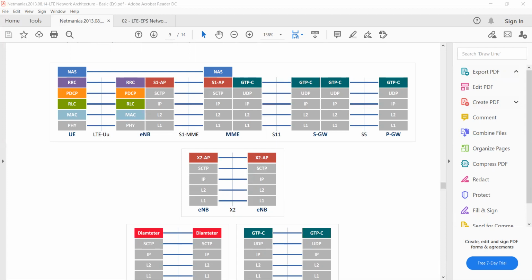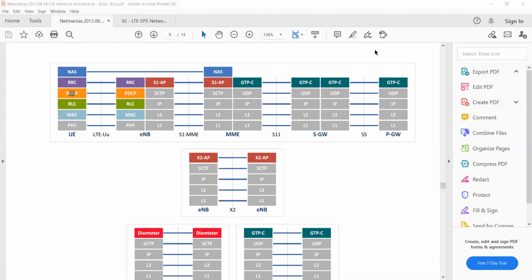So we are seeing the PHY layer, which means physical layer. MAC means medium access control. RLC means radio link control. No need to write the full forms, just listen for now. You will get the details.